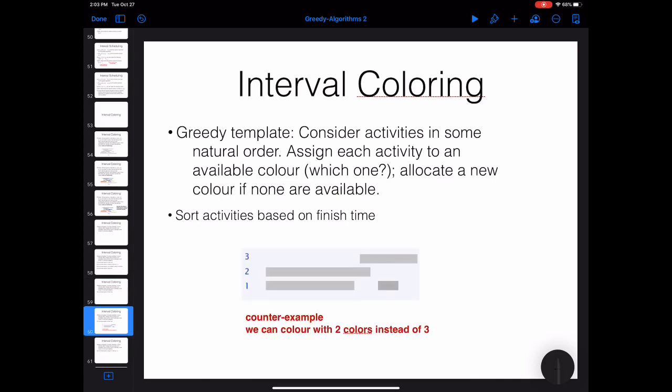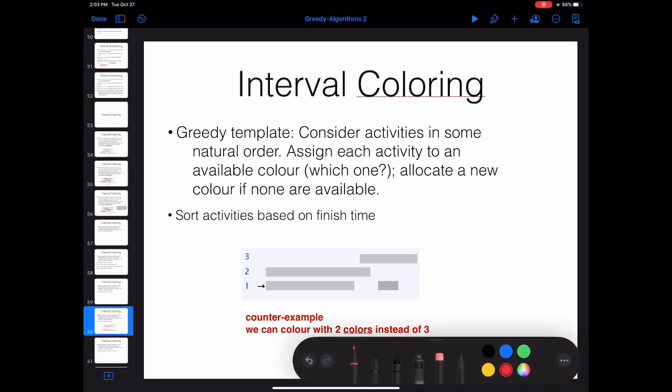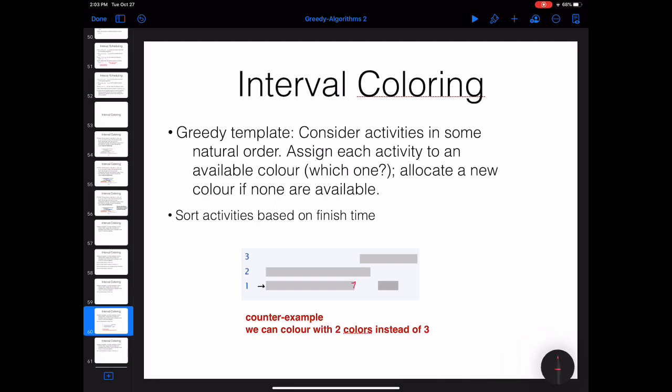And yes, there is a counterexample for this greedy strategy. If you look at these jobs, if I sort them based on the finish time and color them based on that, the earliest finish time is for this job, right? So just assume that I'm going to use color 1 for this, okay?